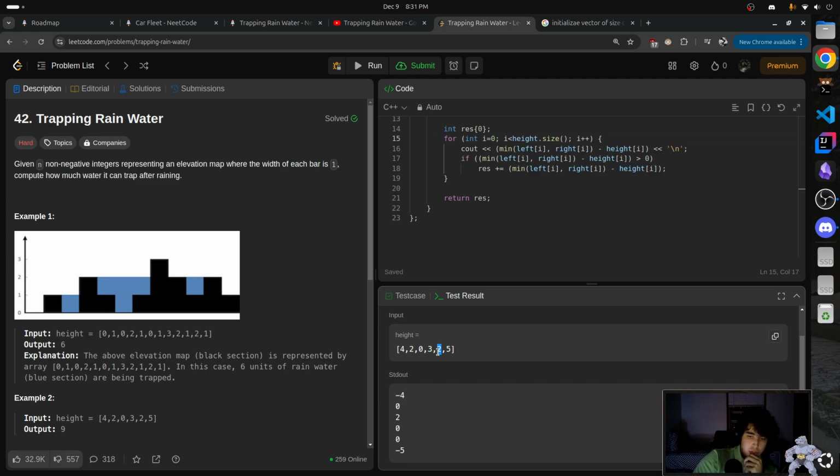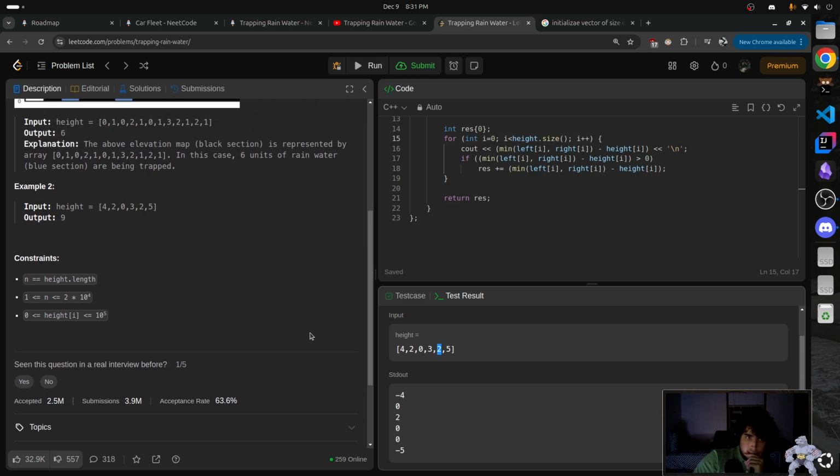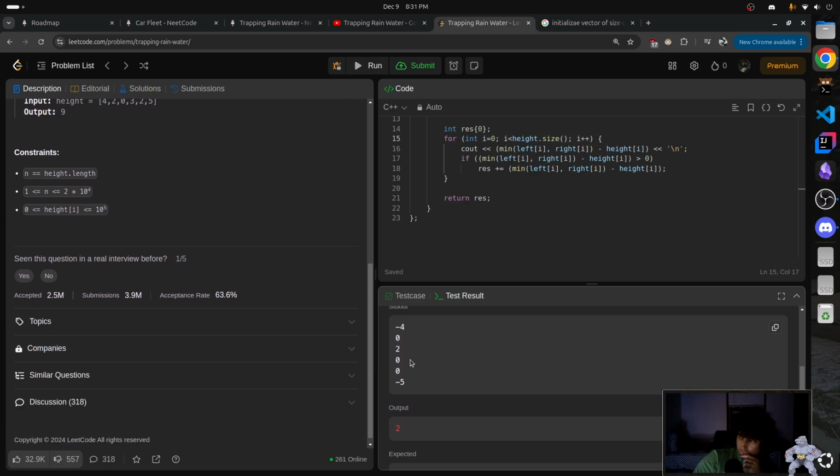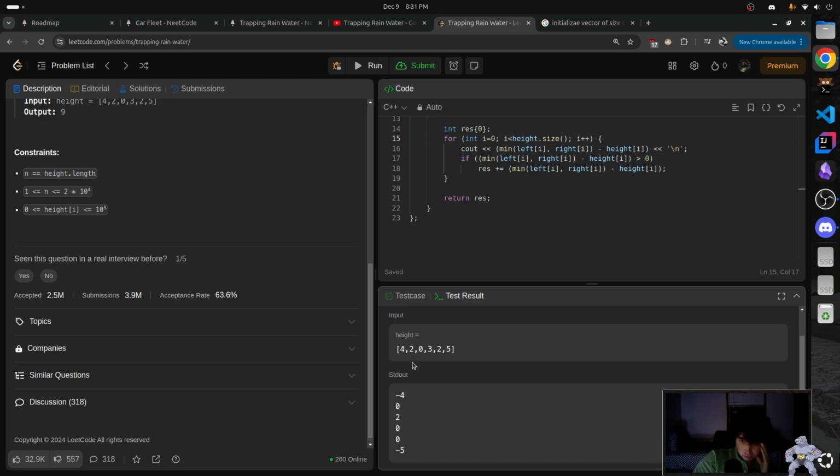Like this should have been 1, I think. But it's not 1. That's not cool. How is it 2 though? There's space right here. There's space right here.